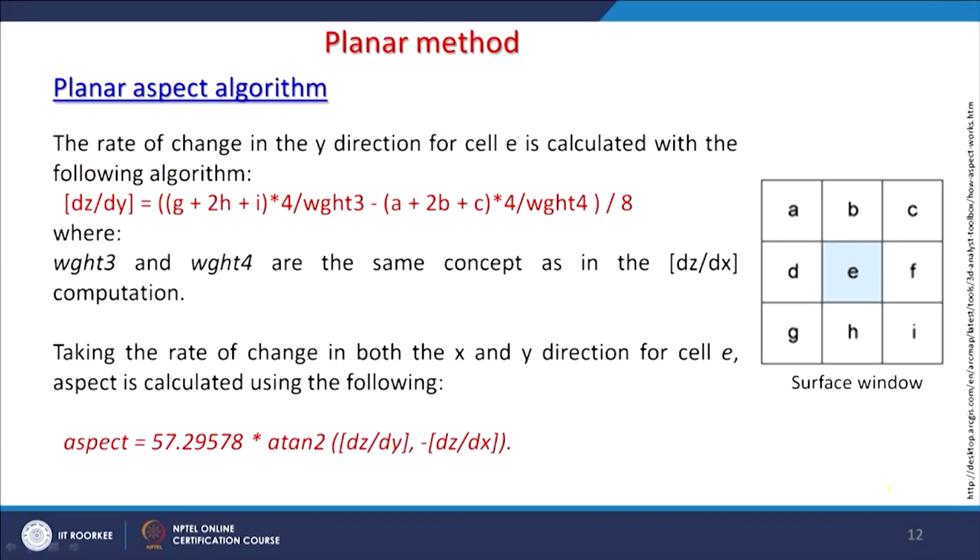Further, for the rate of change in the y direction, earlier it was the x direction, you would do similar things. Then, taking the rate of change in both directions x and y, for each cell the aspect is calculated using the following formula, which is aspect equals a constant times atan2 (dz/dy, minus dz/dx).